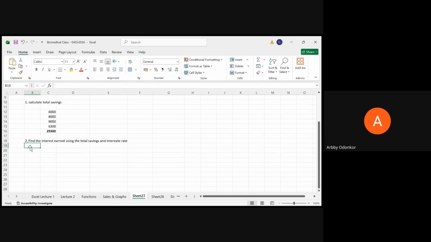What is the formula for calculating interest, please? Madam, please, the formula for calculating interest is principal times rate times time.